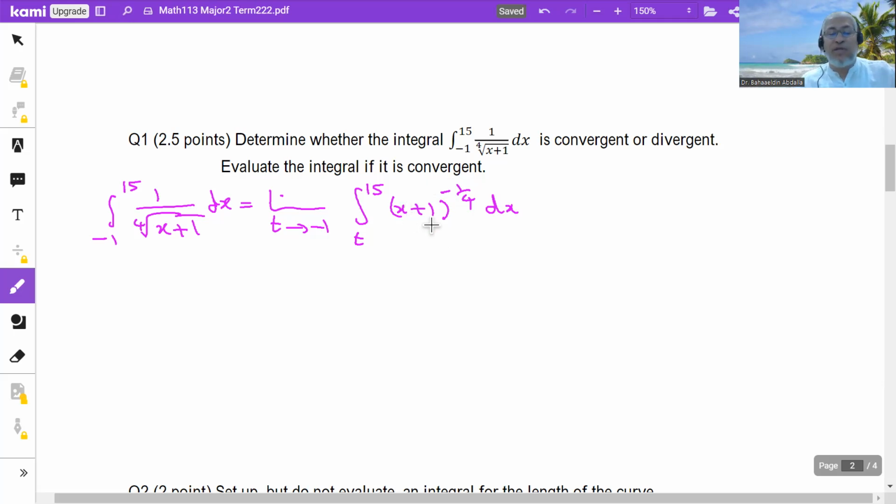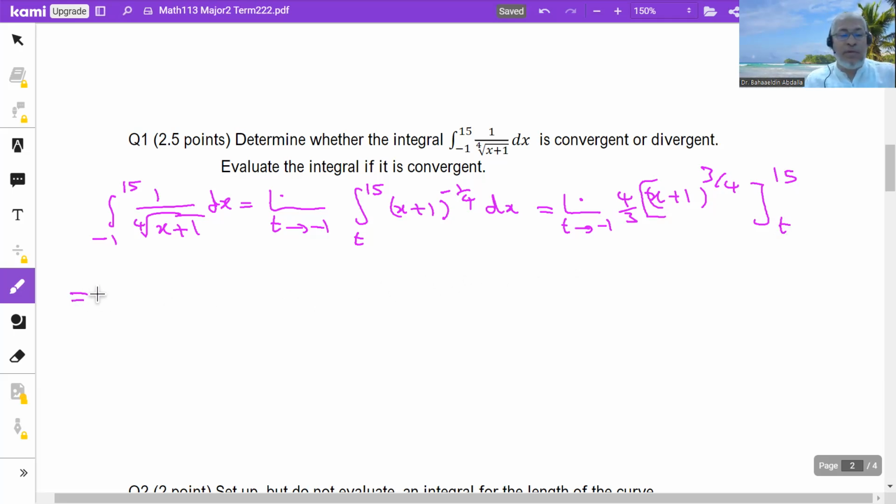And to evaluate this integral, it would be x plus 1 to the power negative 1 over 4 plus 1, and that would be 3 over 4. So I have the limit as t goes to negative 1, and I have x plus 1 to the power 3 over 4, over 3 over 4, or multiplied by 4 over 3, from t to 15.